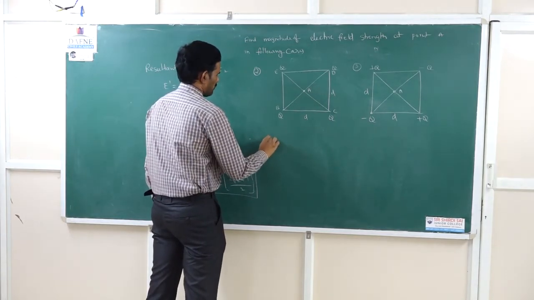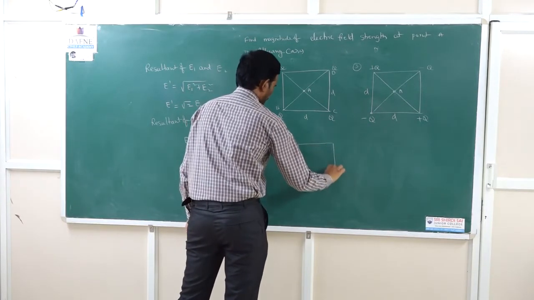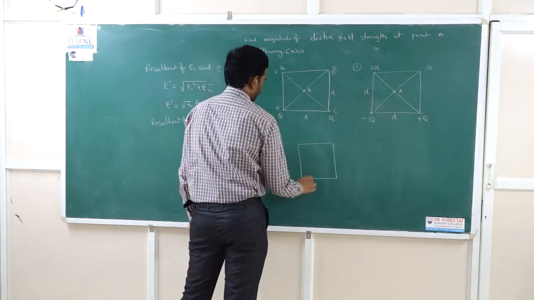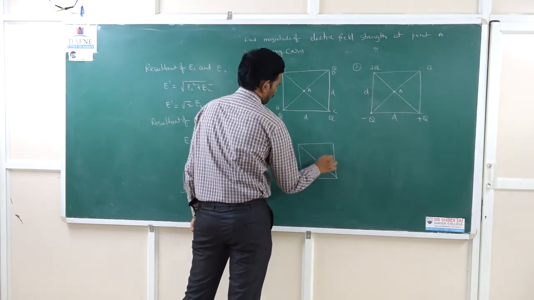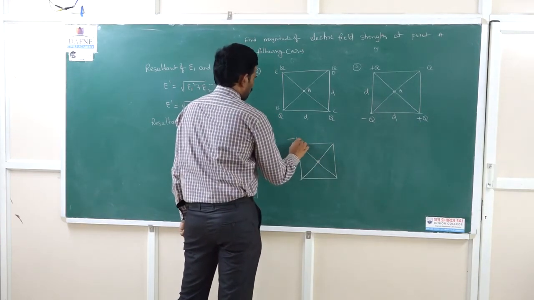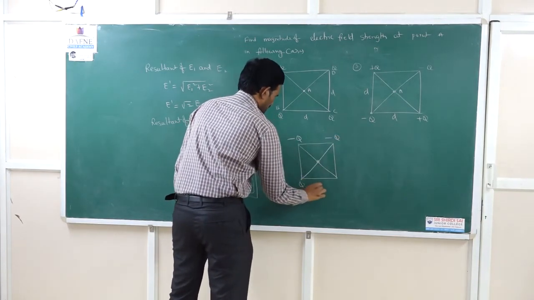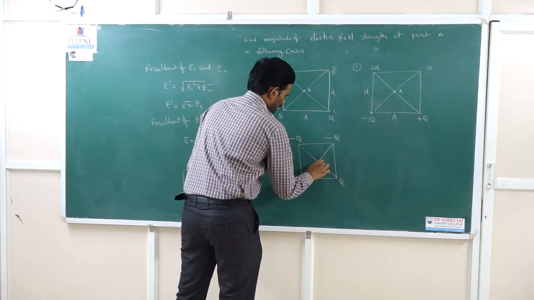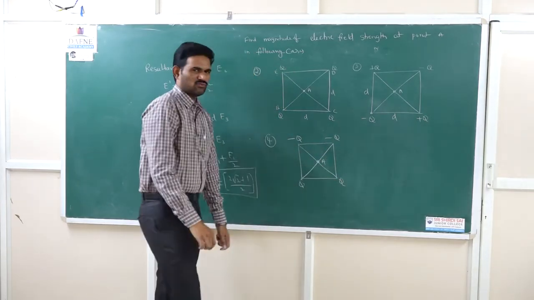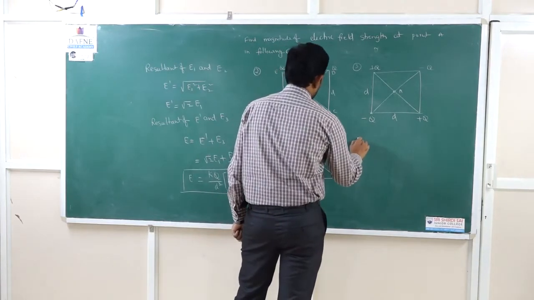So the next problem I will draw here. Then this is again I am taking a square. Now I am taking these two charges as negative and these two charges as positive, and electric field strength at point A we need to find here. And next let us take this triangular configuration.